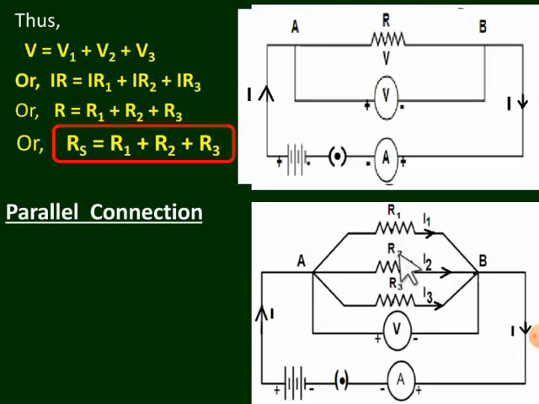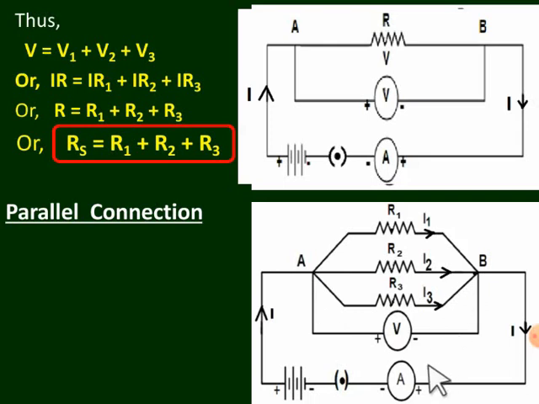So if such a type of combination or connection happens in the case of resistors, then we call this a parallel connection, or parallel combination of resistors. Got it? And then the source of EMF is connected like this through the battery, and then plug key, ammeter here in series, and voltmeter in parallel like this.